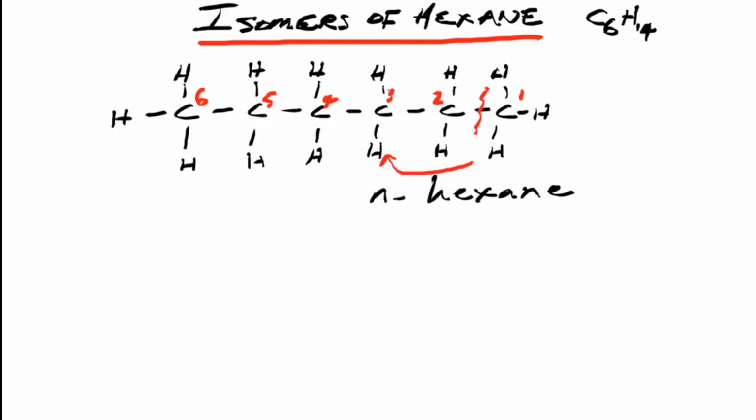Let us do that. So we're going to draw the 5 carbons, and of course, we're going to put on the CH3 group on carbon number 2 now. In the previous compound, it was number 3.